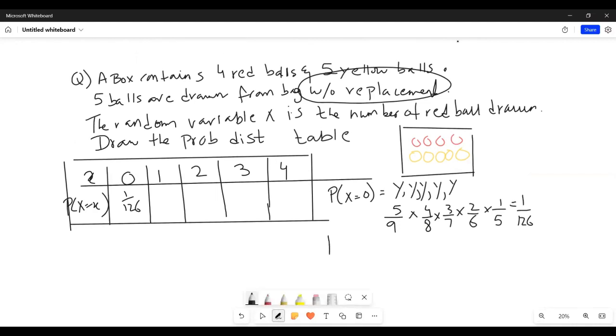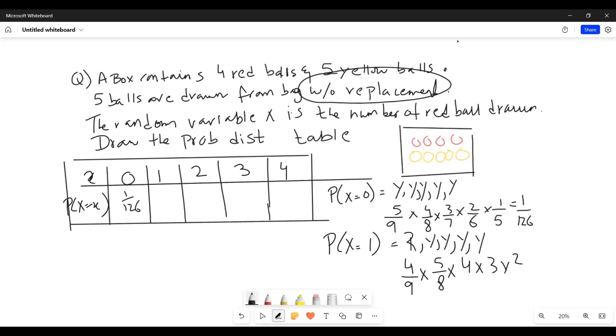So then it's going to be probability x equals 1. That means only one red ball is drawn. So I'm going to write red and then yellow, yellow, yellow, yellow. Okay, so the probability of getting a red ball is going to be 4/9. Then probability of getting a yellow ball is going to be 5/8. Then 4 here, then 3 here, then 2 here, and denominator is 7, 6, 5.